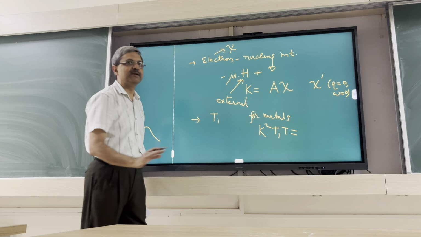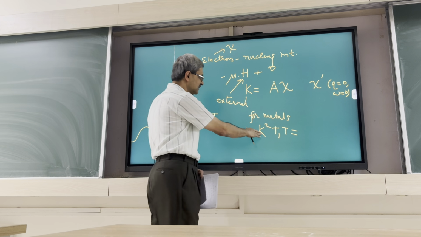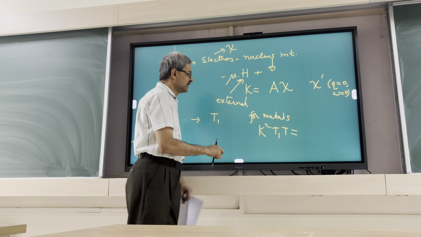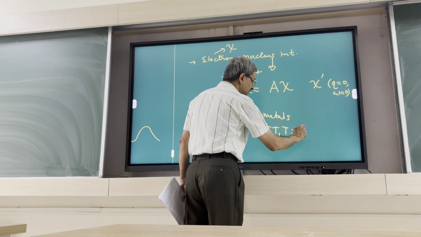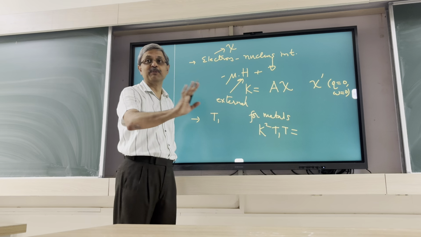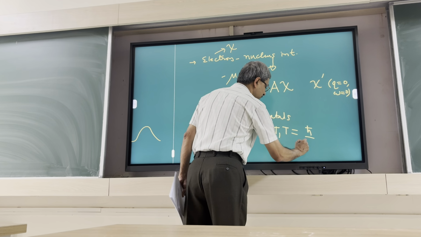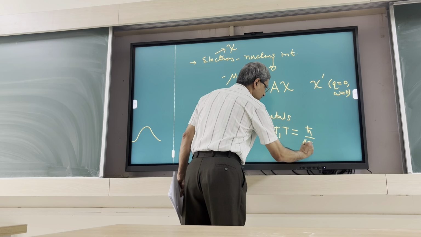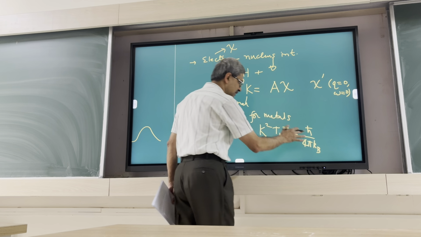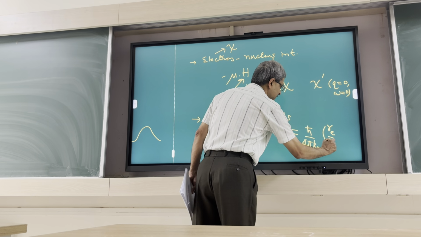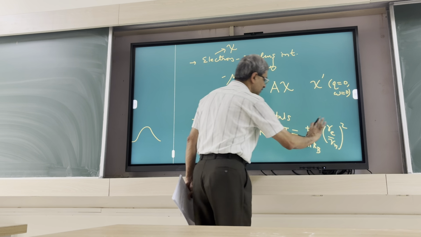K squared T1T, okay, K measures the static susceptibility, T1 is the relaxation time, and T is the temperature. K squared T1T contains just fundamental constants. I forget the exact expression, but something like this, I may be wrong by something.